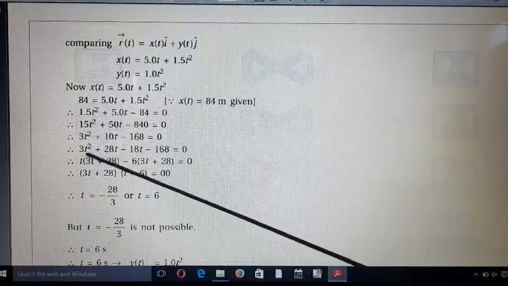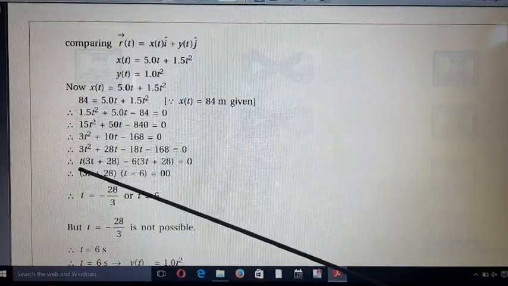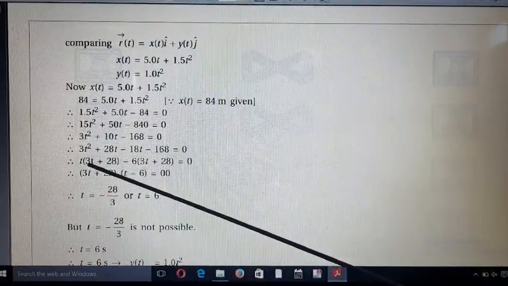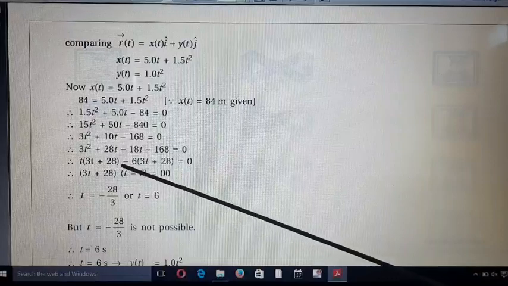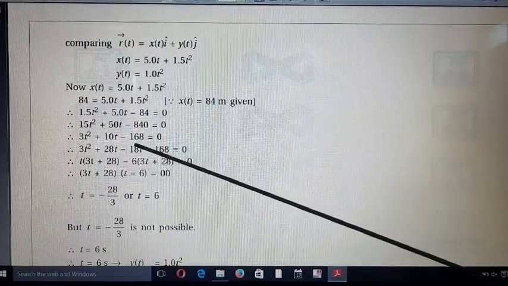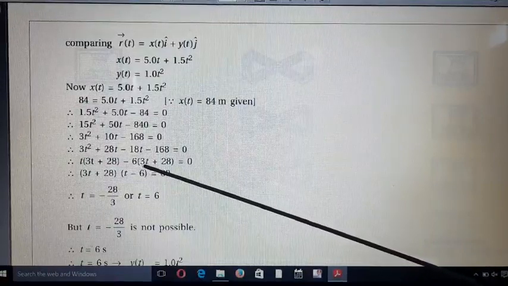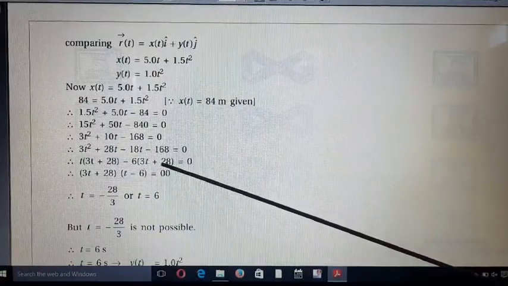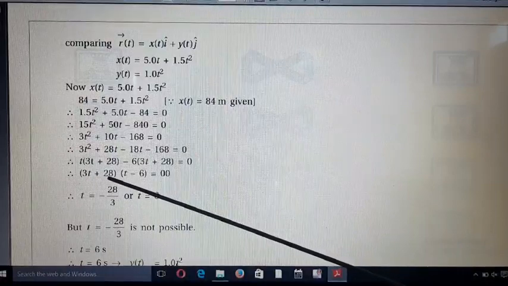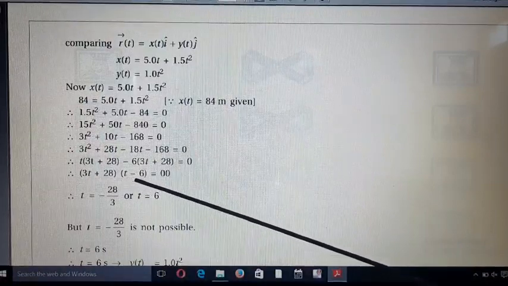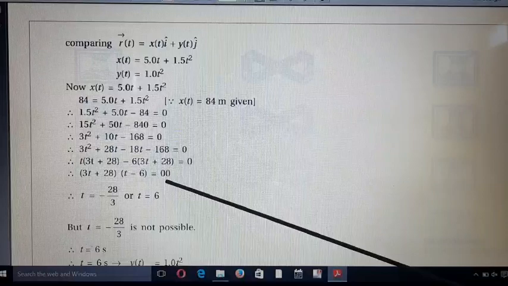In the first two terms, now we take t common. So t into (3t plus 28) minus. In these two terms, now we take common 6. So 6 (3t plus 28). So we get (3t plus 28) and (t minus 6) is equal to 0.